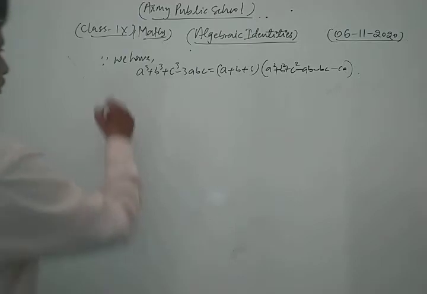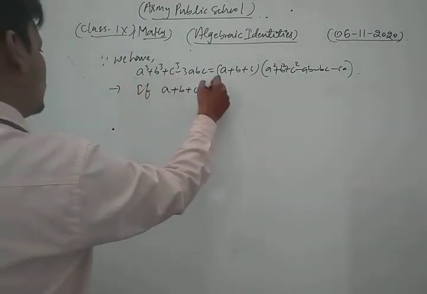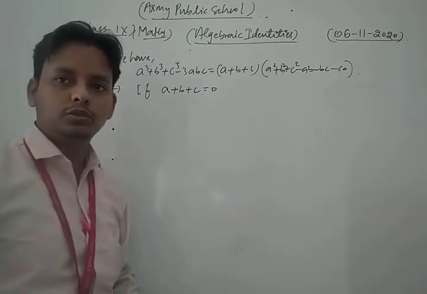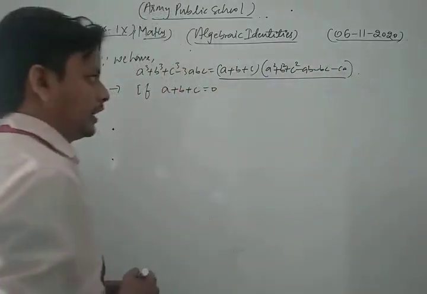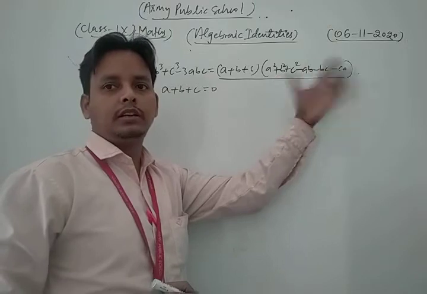Yesterday I discussed the condition: if the value of A plus B plus C is equal to 0, then the right part of that identity becomes 0, because 0 into anything is 0.